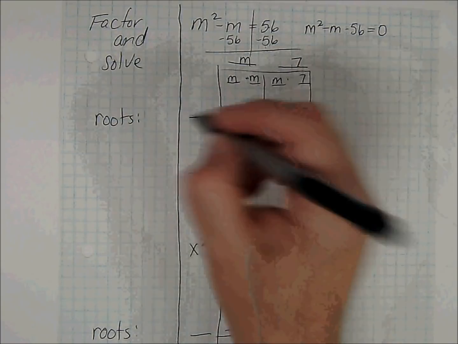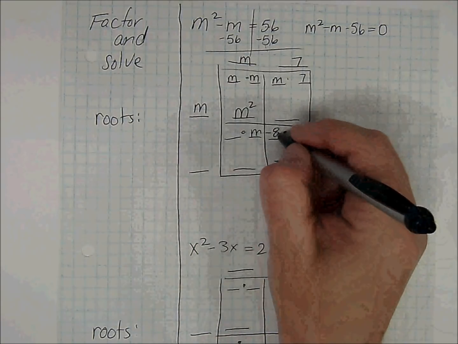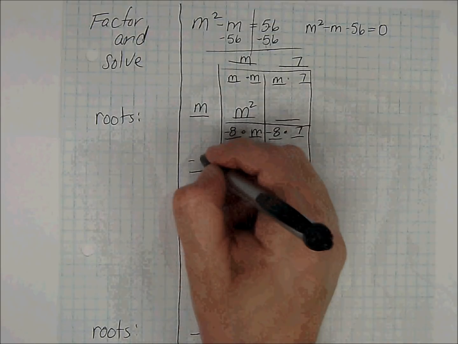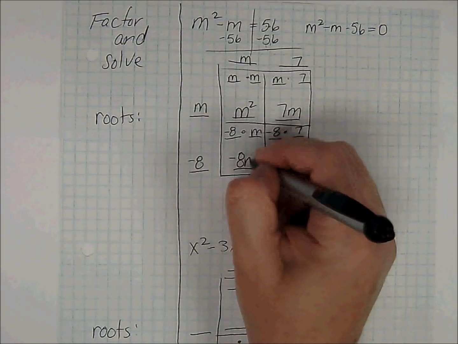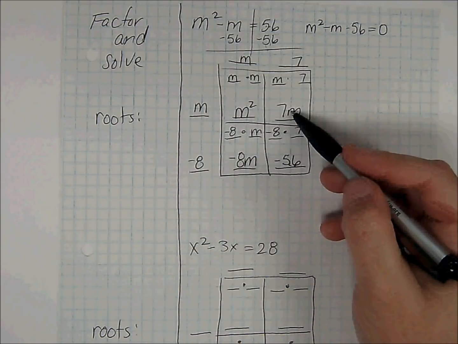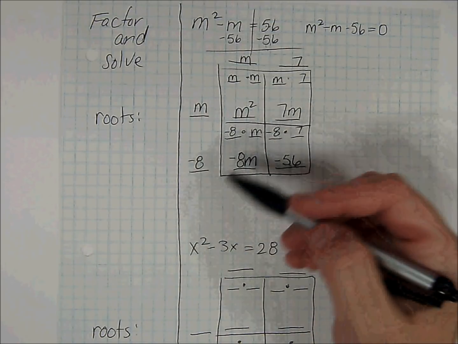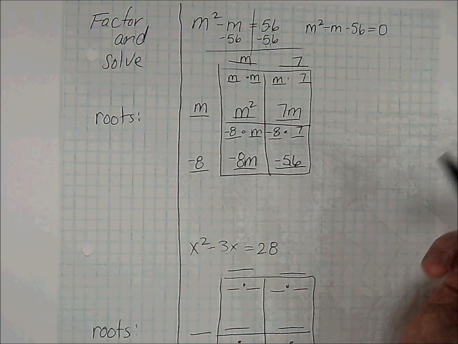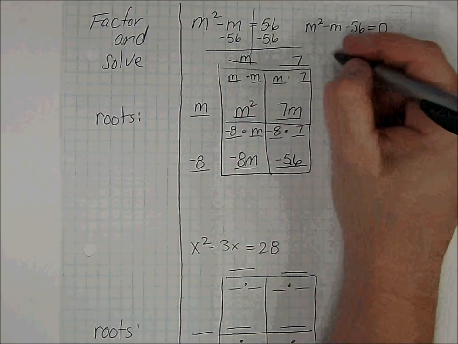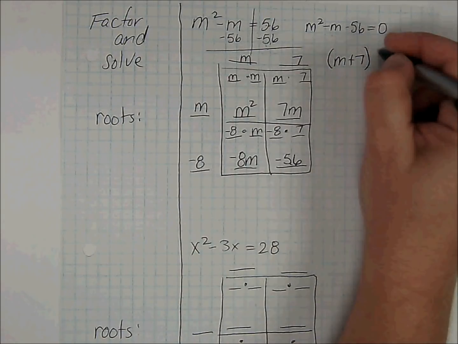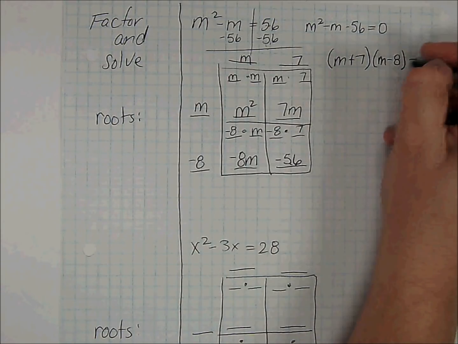These ones are m's. These are negative 8's. So in this box I get 7m. This box I get negative 8m. I subtract because one's positive, one's negative. 8's bigger and 8's negative, so I get negative 1. So I get m plus 7, m minus 8.